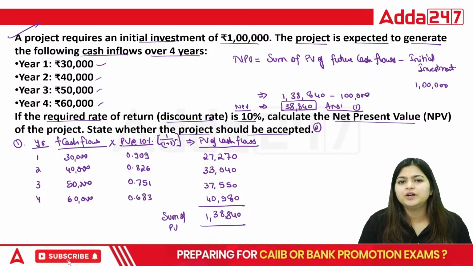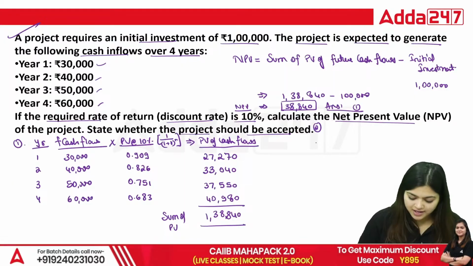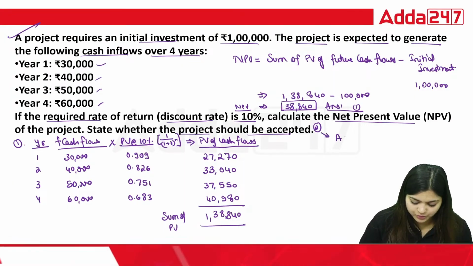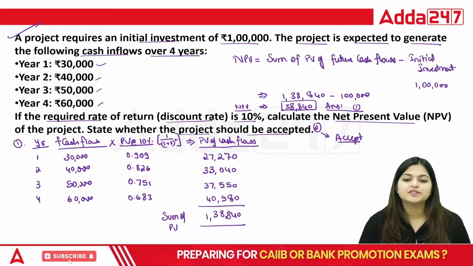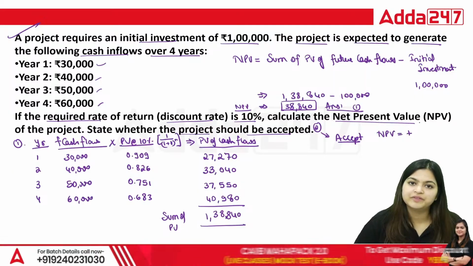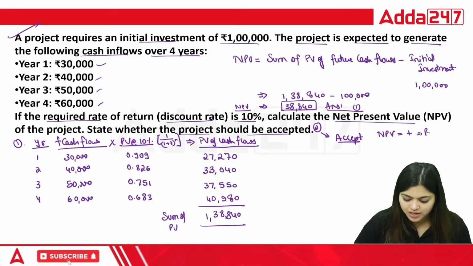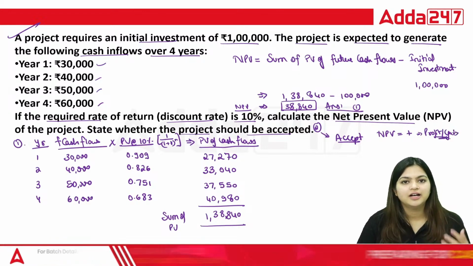But what are you going to do? Are you going to continue this project or are you not going to start this project? The answer for your second part is that you are going to accept this project, because you can see here your NPV is positive, and when NPV is positive, it will give you profit, or you can say gains, in your upcoming time.